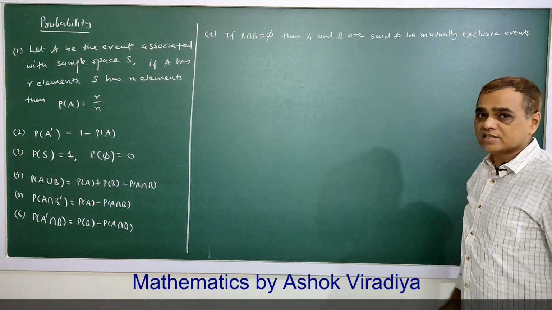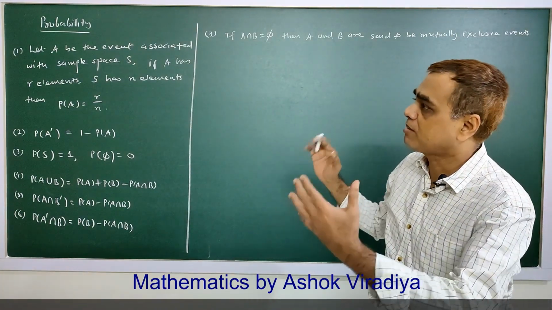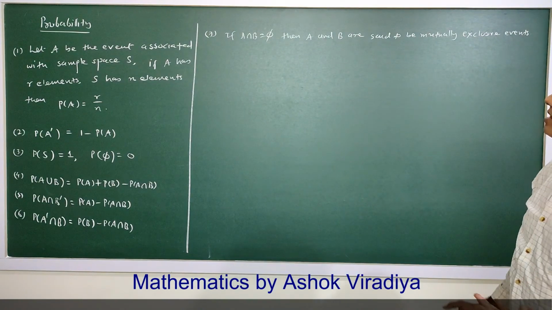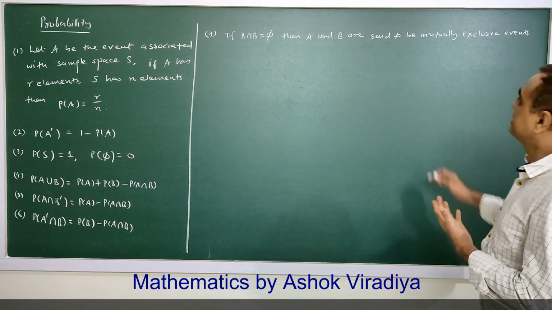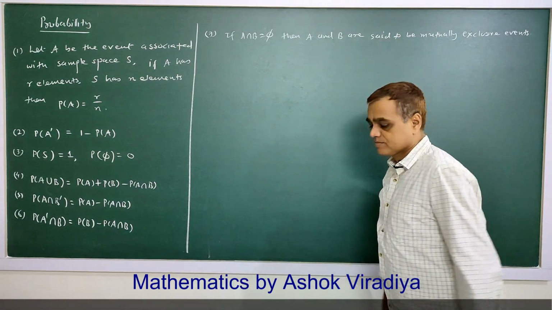These are the words, this is the terminology which we are using in this topic, probability. If intersection of two events is empty, then both events are said to be mutually exclusive events.